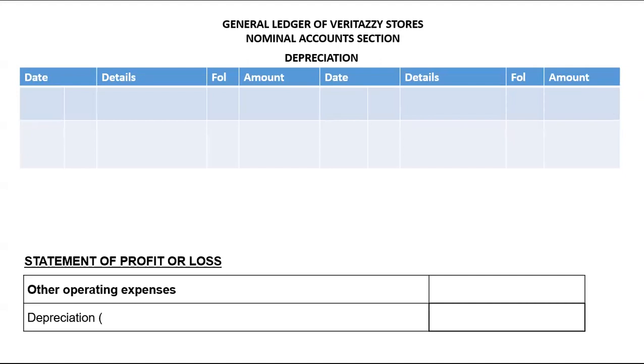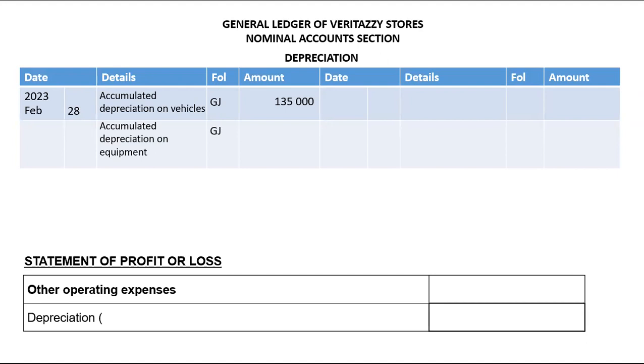And the nominal, we'll have depreciation. The depreciation account is made up of accumulated depreciation. Now, in this depreciation account, unlike accumulated depreciation, you only record depreciation for the current year, the total depreciation for the current year, which will be depreciation on vehicles of 135,000 and depreciation on equipment, which was 56,250.